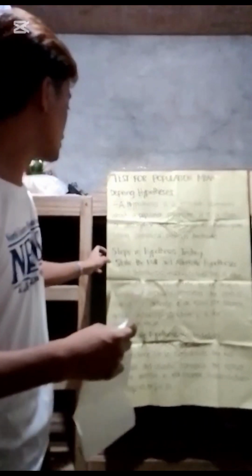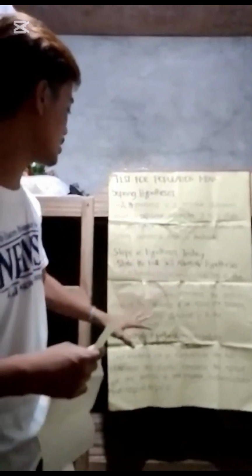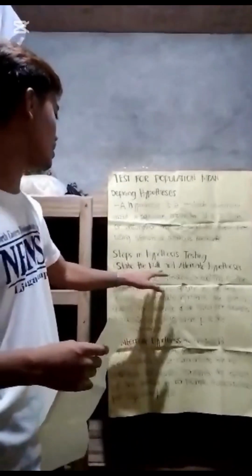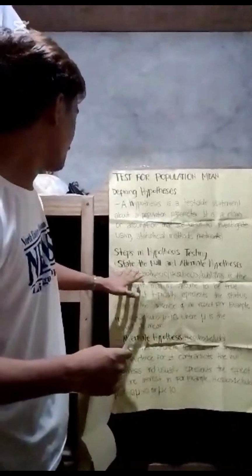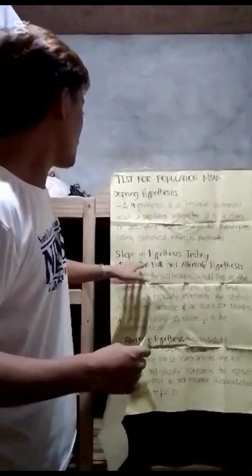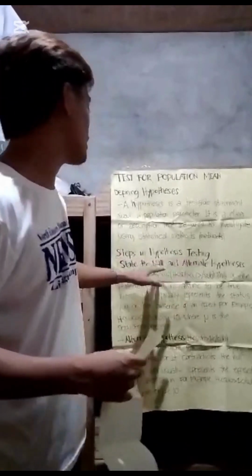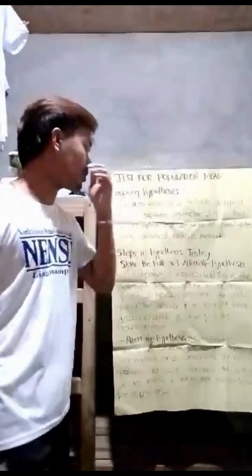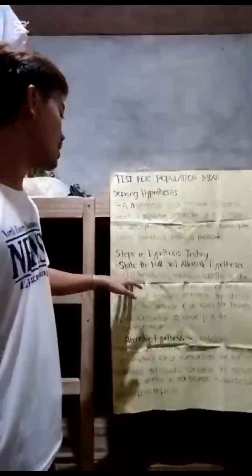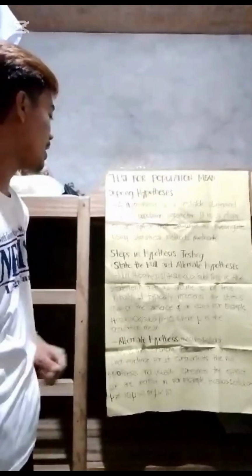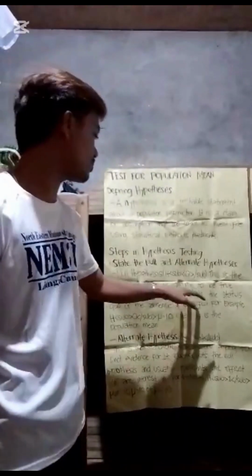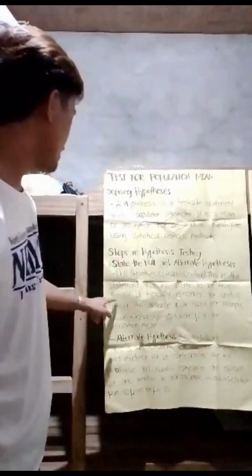So there are steps in hypothesis testing. Number one is state the null and alternative hypothesis. First is the null hypothesis. What is the null hypothesis? The null hypothesis is the statement that we assume to be true initially.